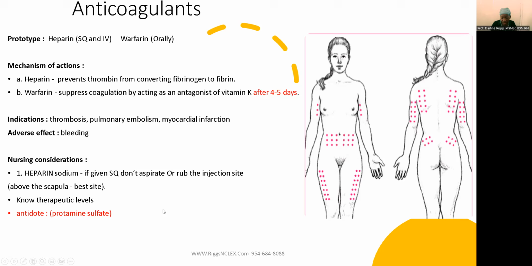You also need to know the antidote to these. Whenever there's antidotes, I'm going to mention them, okay? You're going to make a list of antidotes. I can just send you one too, within the course, so that you can work on these, okay? So for heparin, the antidote is protamine sulfate. You have to commit that to memory, okay?